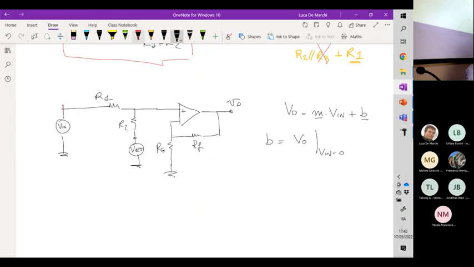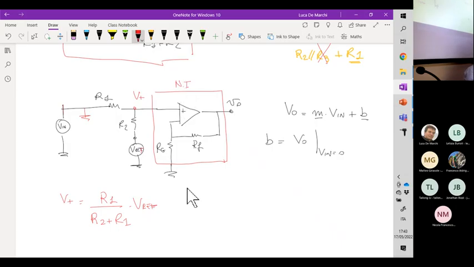When this quantity is null, so when we have a virtual ground here, this node V plus is equal to the partitioning of the reference voltage between R2 and R1. So V plus is R1 over R2 plus R1 times the reference voltage. V plus is the input of a non-inverting configuration.